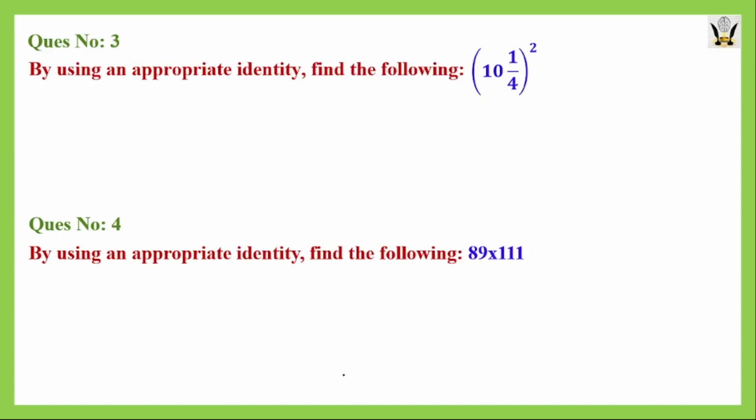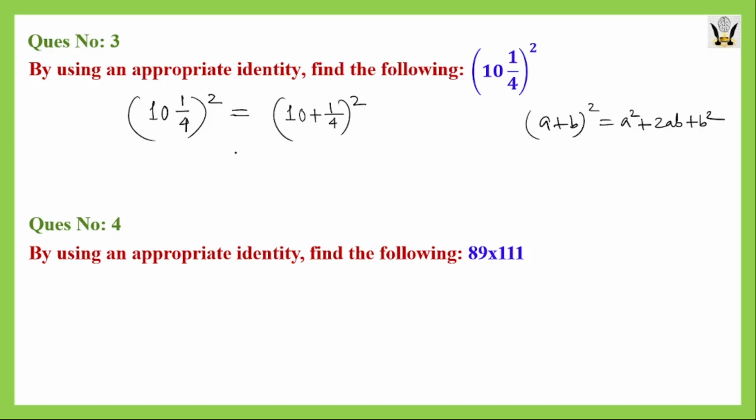Now the next question says that by using an appropriate identity, find the following. Here we have 10 and 1 by 4, and the square of that can be represented as 10 plus 1 by 4 whole square, and that resembles this identity. So it will be 10 square, meaning 100, and then plus 2ab, where 10 is a and 1 by 4 is b, and then b square, meaning 1 by 4 square.